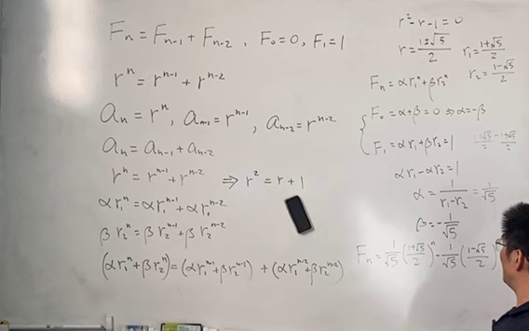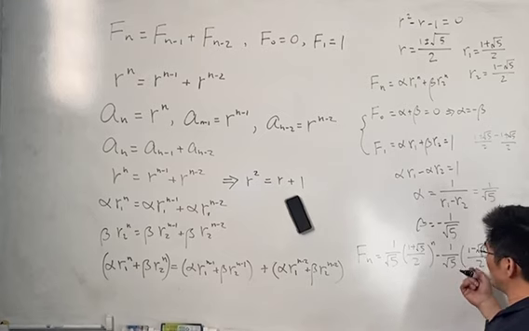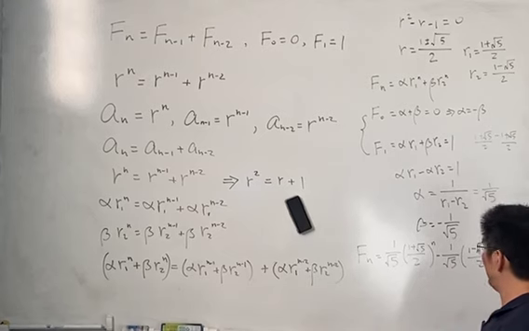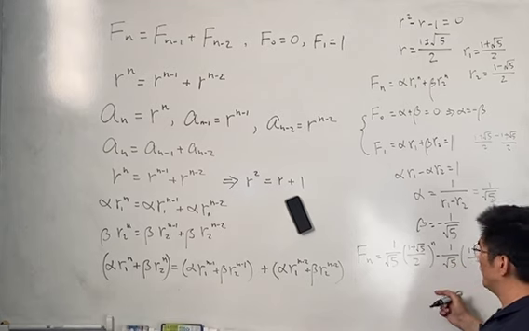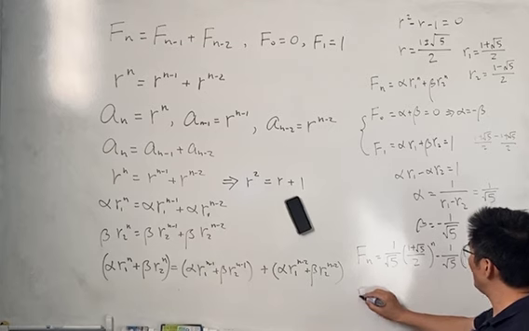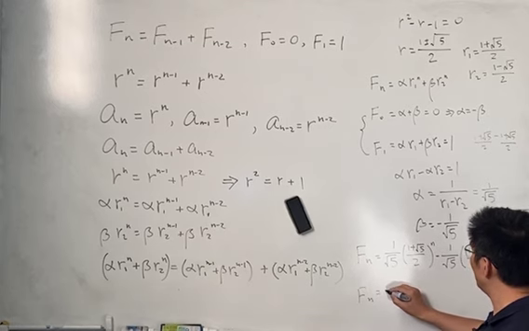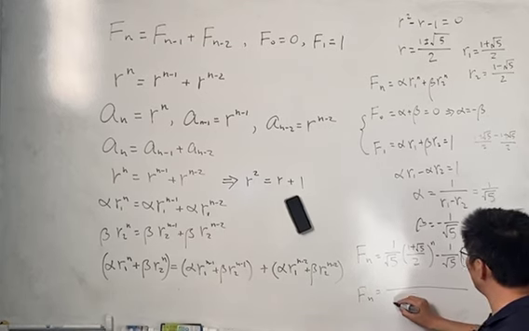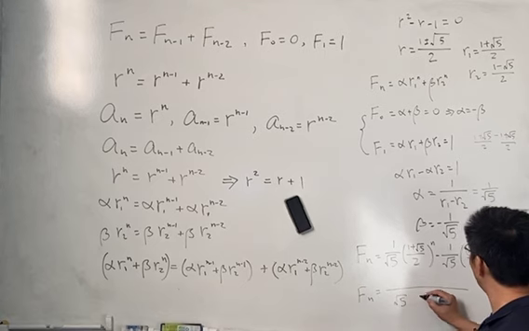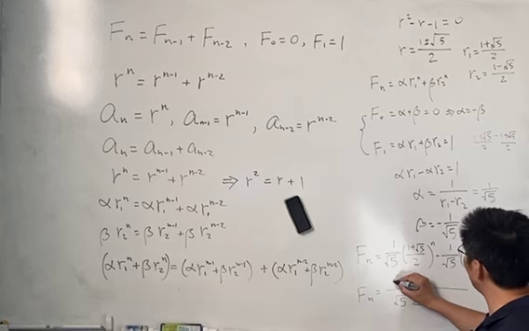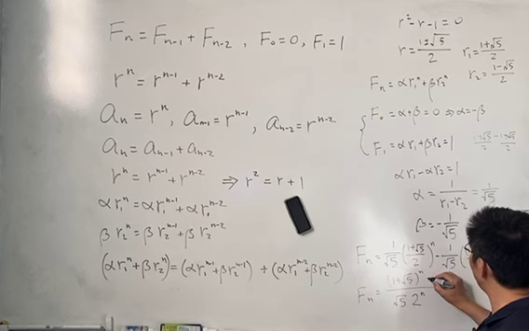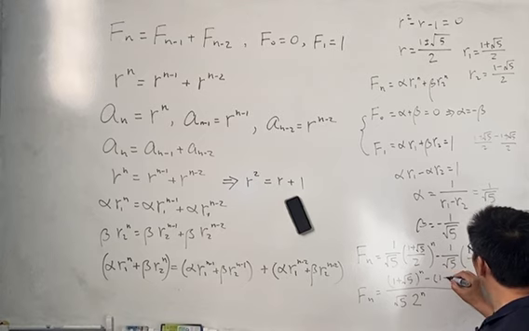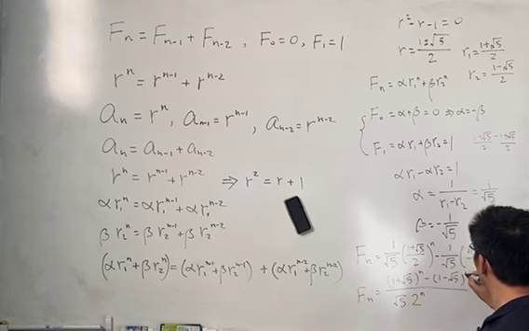Sometimes people rearrange this into another format, since both have 1 over square root of 5. You can rewrite it as 1 over square root of 5 times 2 to the power of n, then 1 plus square root of 5 to the power of n minus 1 minus square root of 5 to the power of n.